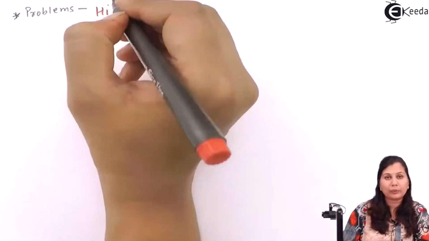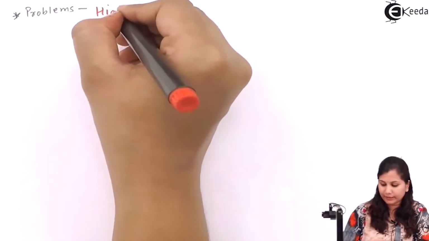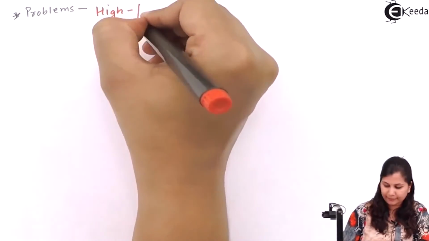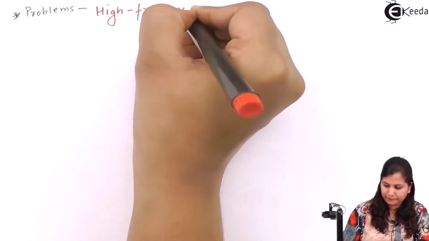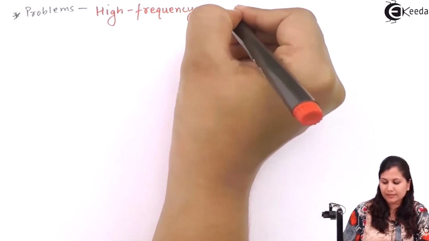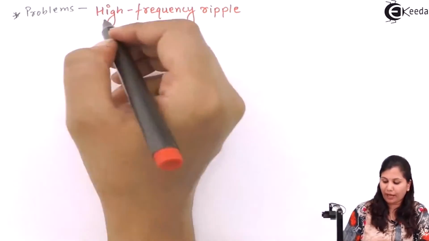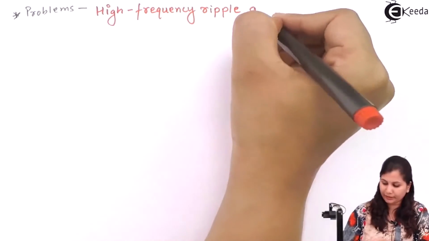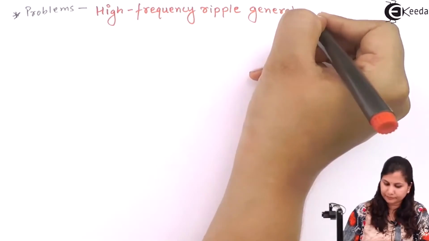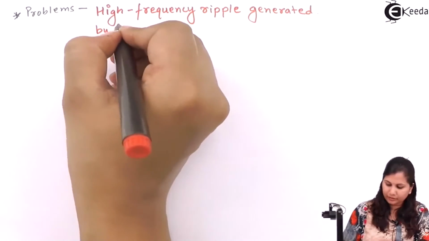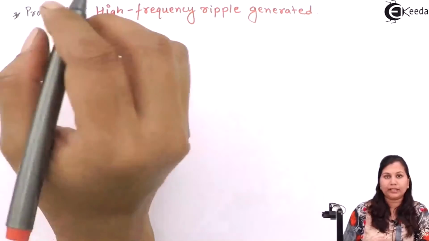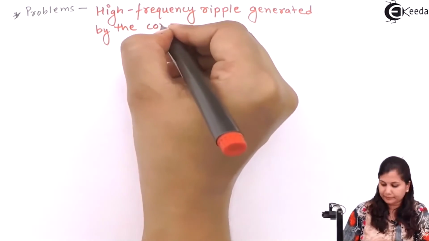First problem is that high frequency ripple is generated in these generators. Ripple means oscillations. Okay, so oscillations of high frequency are generated by the commutator and the brush assembly.